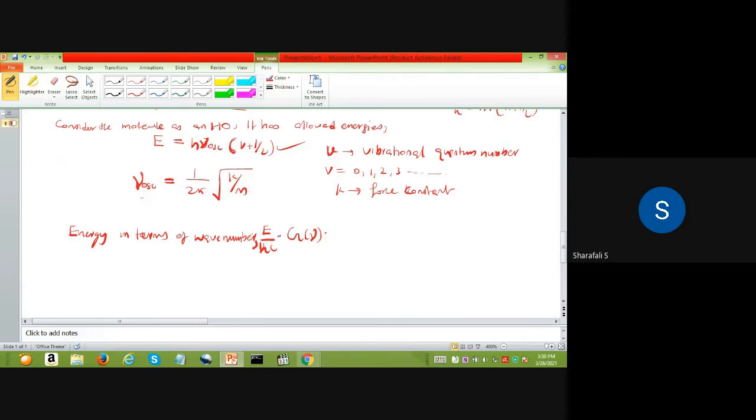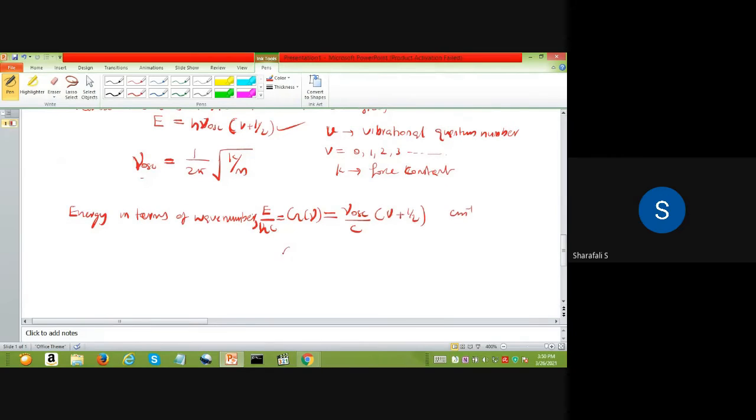So energy in terms of wave number, that is E by hc, is denoted as G nu, and that will be given by nu oscillation divided by c, times V plus half, since the h gets cancelled. So this is in wave number. Or you can write G of nu equal to omega c times V plus half, where omega c is nothing but nu oscillation divided by c.